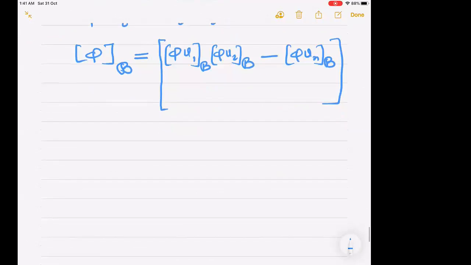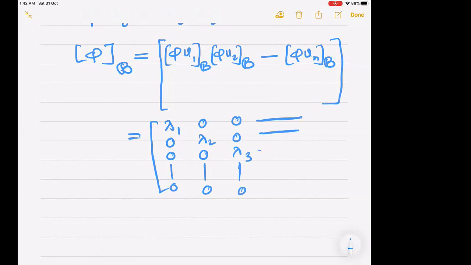What is this representation? Phi V1 is lambda 1 times V1. So the linear combination is lambda 1 times V1 and 0 times V2, V3, up to Vn. For the second, phi V2 is lambda 2 V2, so 0 times V1, lambda 2 times V2, and 0 for the rest. Third vector: 0, 0, lambda 3, and all zeros.